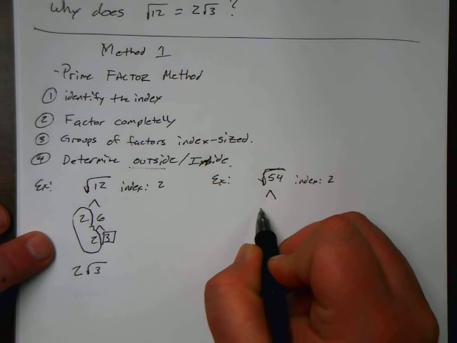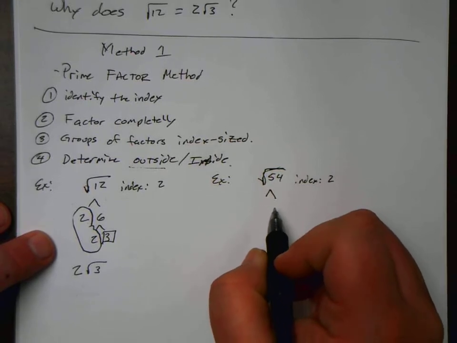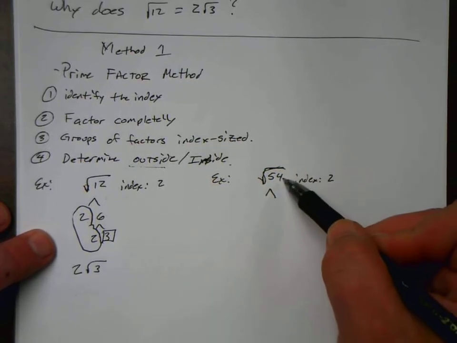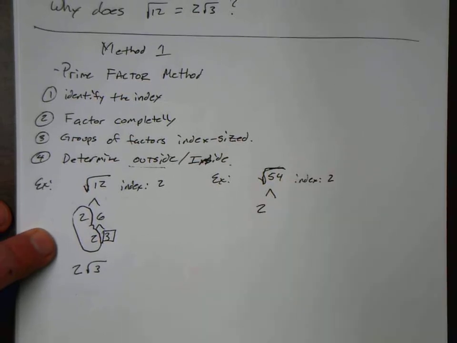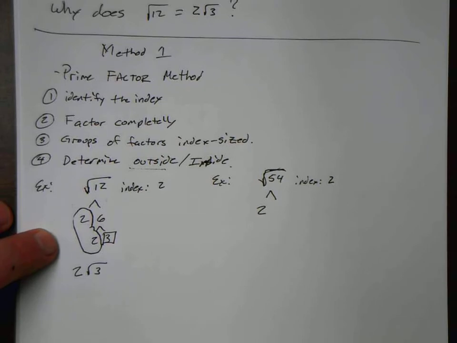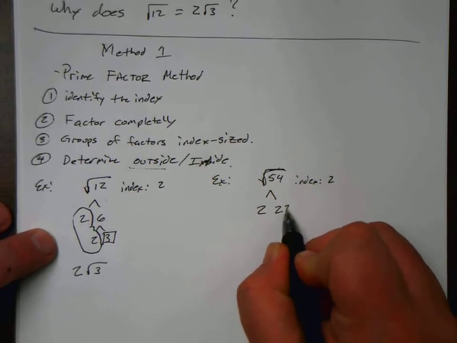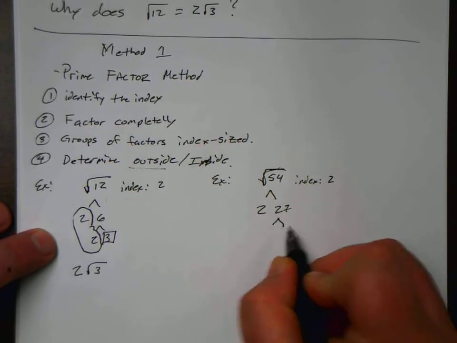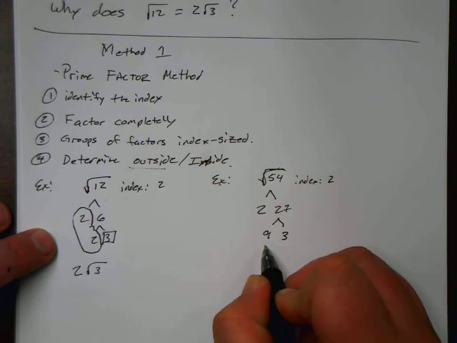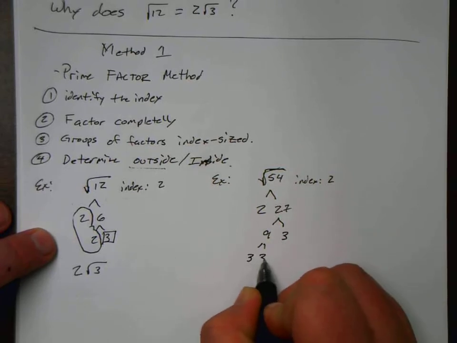So 54 is what times what? Well, I know 54 is even, so I could at least divide it by 2. So let's do that. I have 2, and on my calculator I figure out 2 and 27. Well, 27 I know breaks down into 9 and 3, and 9 breaks down into 3 and 3.